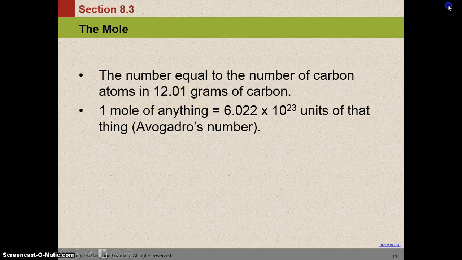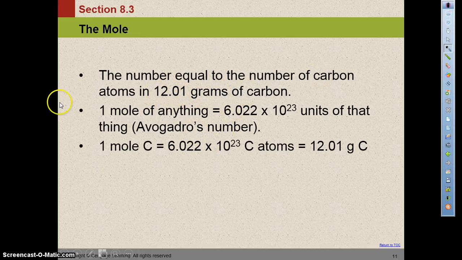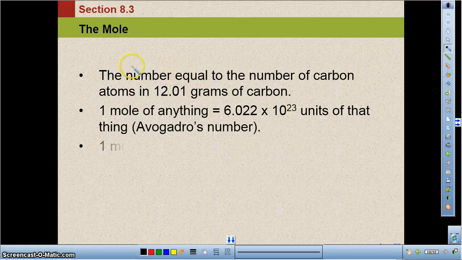Now, in yesterday's lecture, we talked about this information off of the periodic table, and we said 1 carbon atom has the mass of 12.01 atomic mass units.